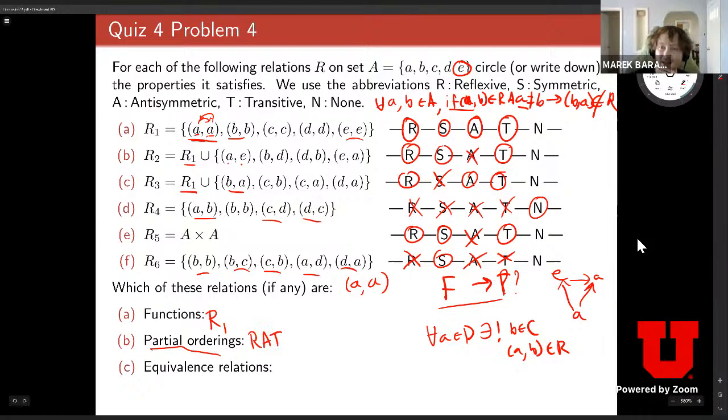So from that we have R1 and R3, and that's it, because those are the only two that are antisymmetric. And for an equivalence relation, we need RST. So R1, R2, and R5.